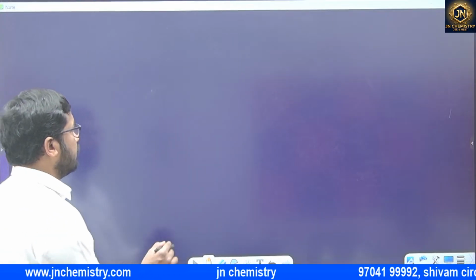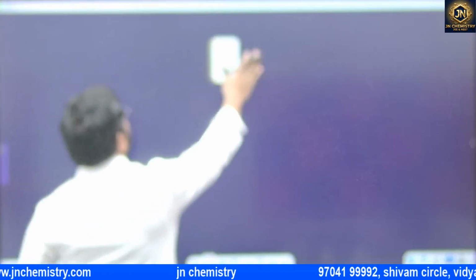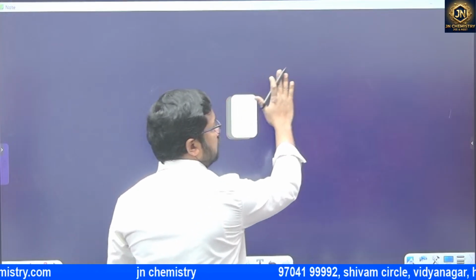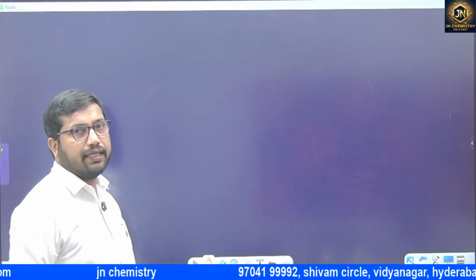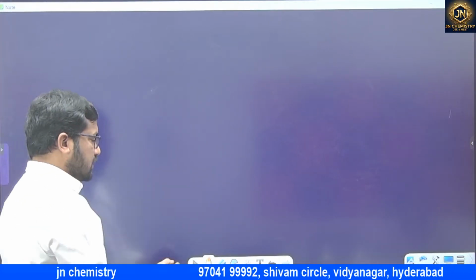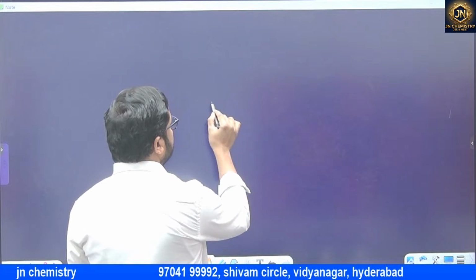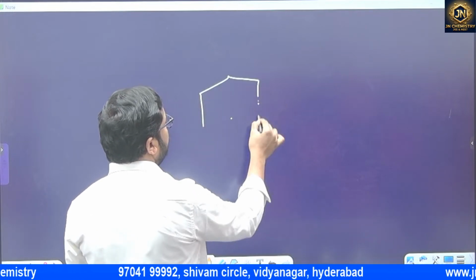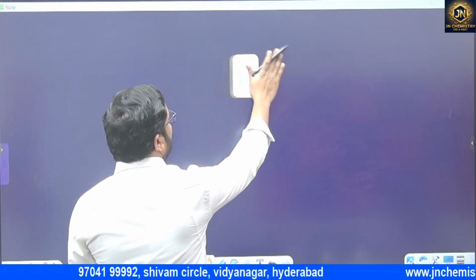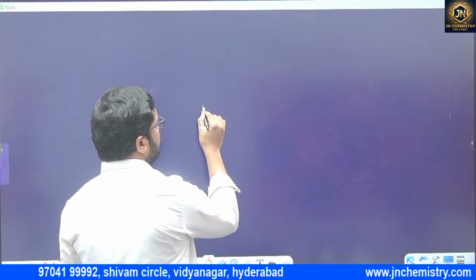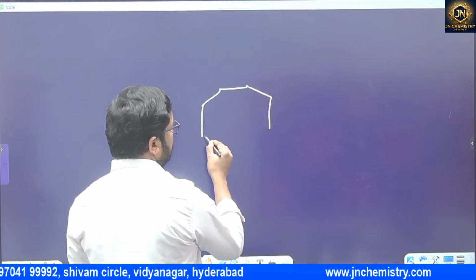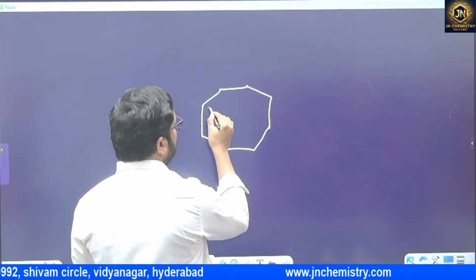Write it down. I'll ask now. Next, for cycloalkenes, I told you in the last class. So minimum, how many carbons now? Write it down.